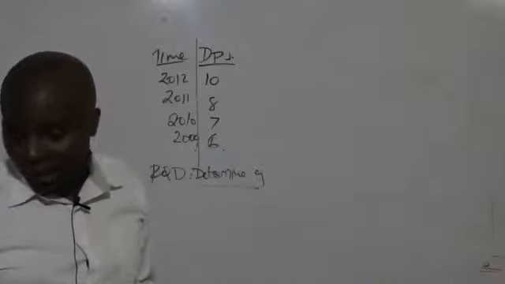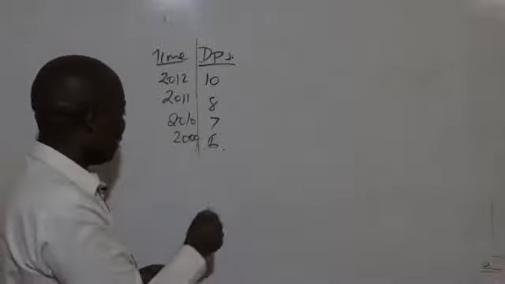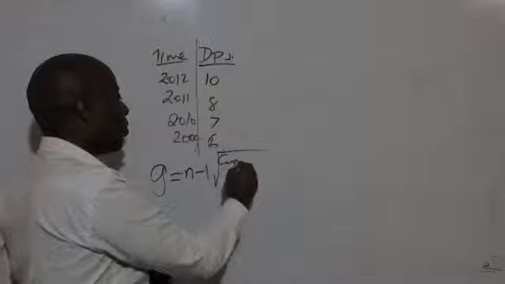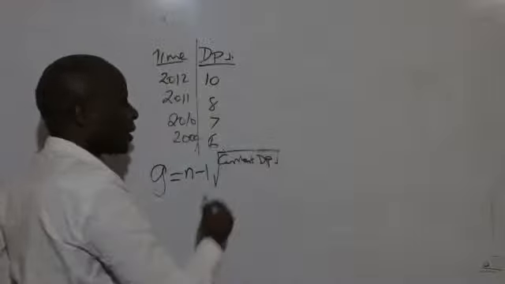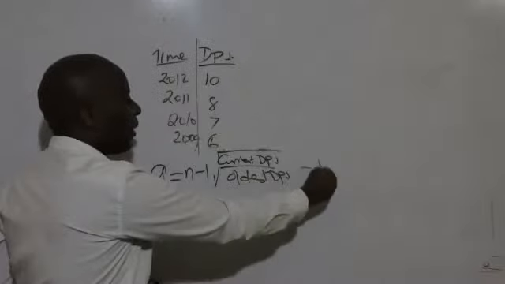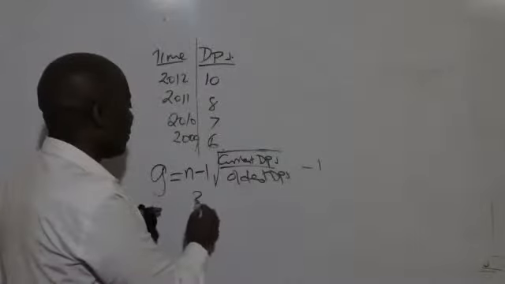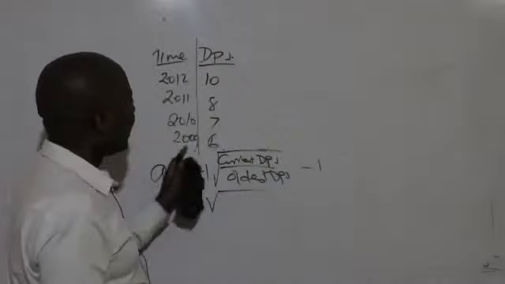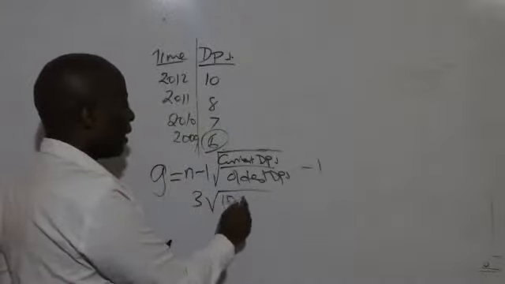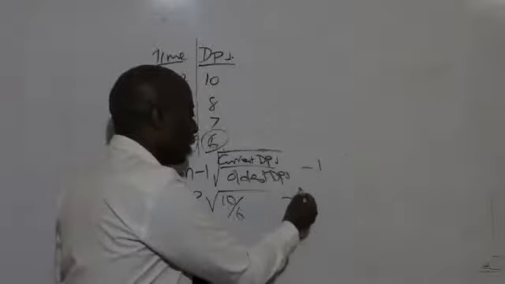So 18.6 is what they're getting, because they have remembered the formula very well: g equals the n minus 1 root of the current dividends per share over the oldest dividends per share, minus 1. So n, number of years, is 4, so 4 minus 1 gives me the cube root, the third root. The most current year is 2012, so you're talking of 10 over 6, and whatever we get here we subtract 1.